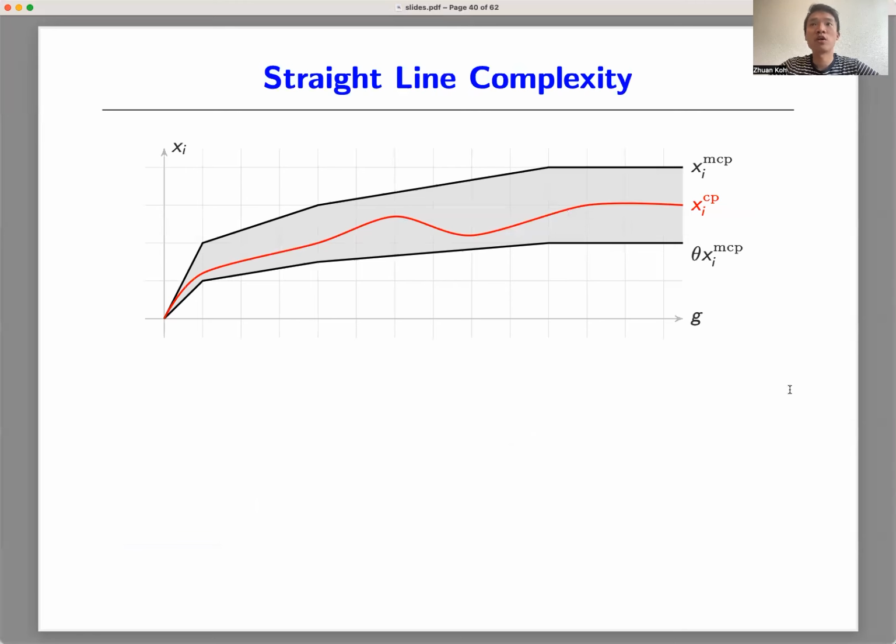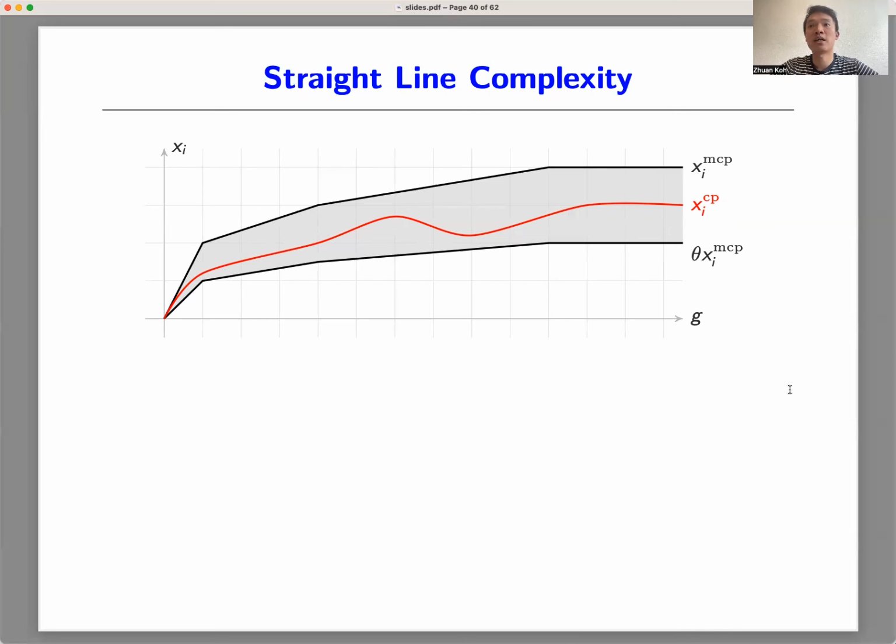So let's focus on a single coordinate xi and look at the projection of the max central path onto this coordinate. We will plot the max central path as a function of gap. The max central path is the upper black curve, which is in general a piecewise affine concave curve.